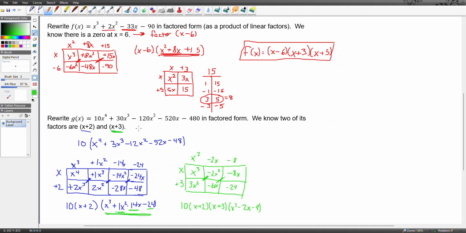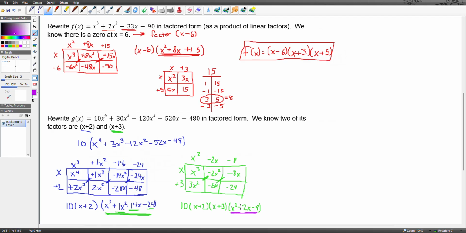Now if they told me a third factor, then I would just do another box and divide by that third factor. And I'd keep going until I get it down to a quadratic, which this is now down to. If I look at this part right here, that's a quadratic.